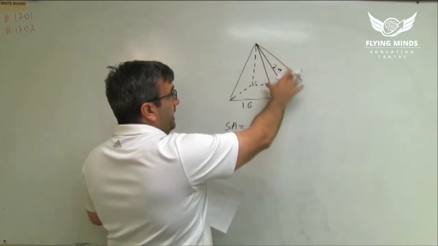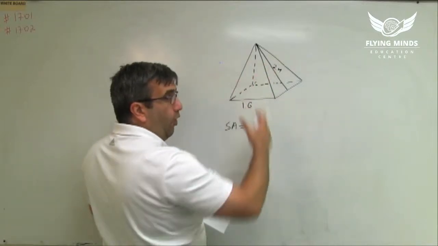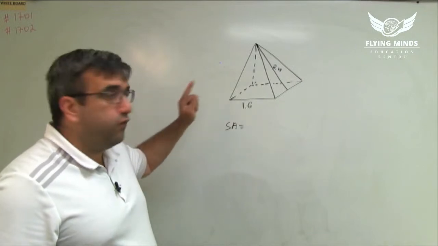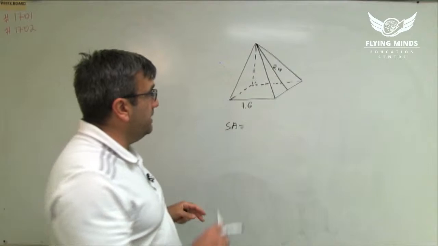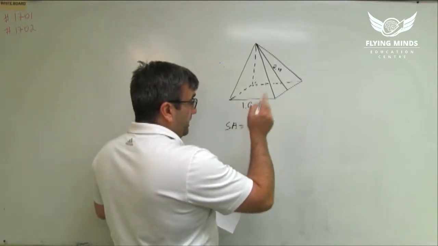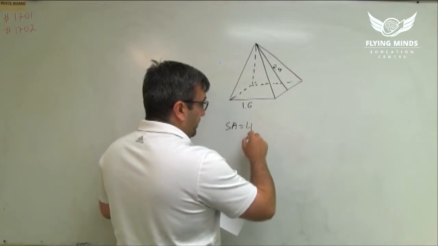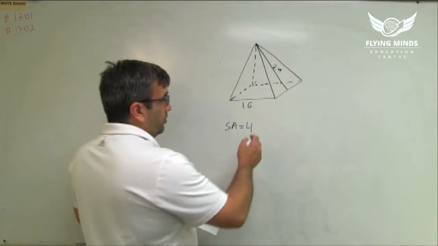So it will be the area of each triangle, right? We have four isosceles triangles, identical triangles, because the base is a square. We have a square at the base. So we have four identical triangles, so we can multiply by 4.